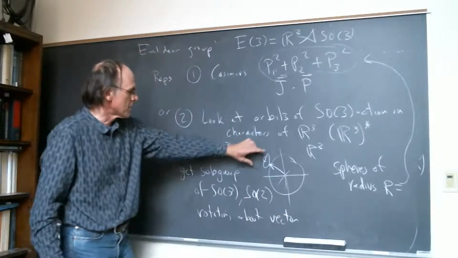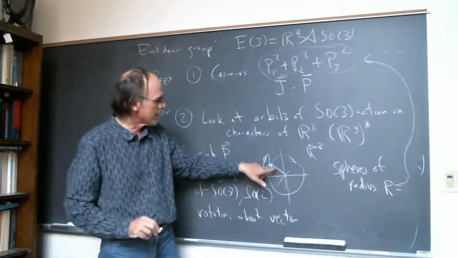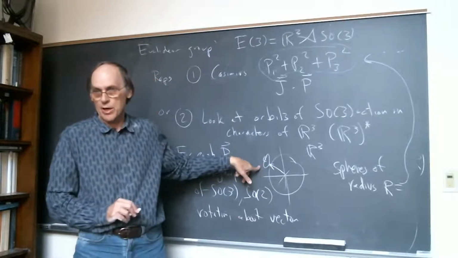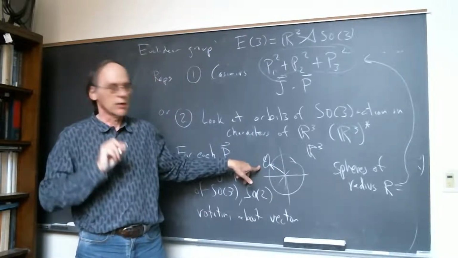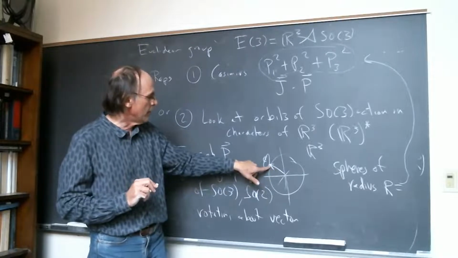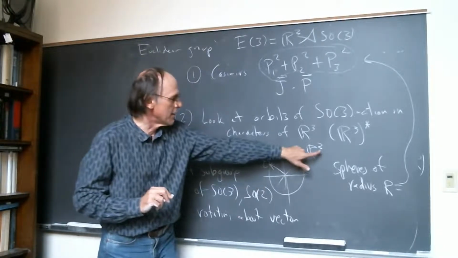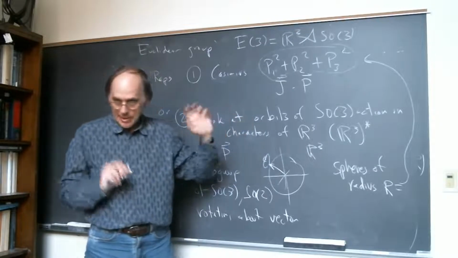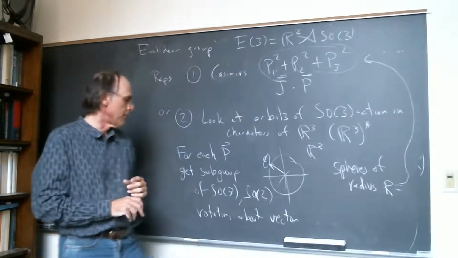This is called the stabilizer subgroup, or the little group, of this point in this space. But the space is just the space of momentum.